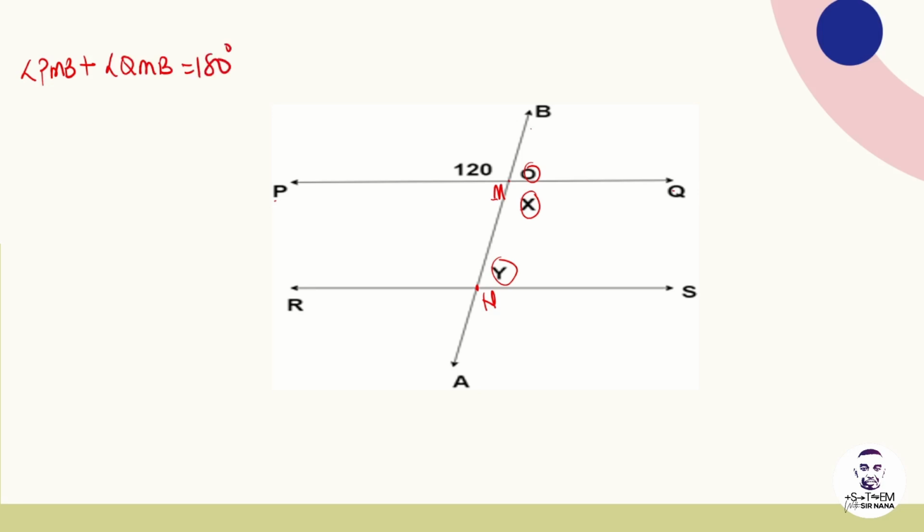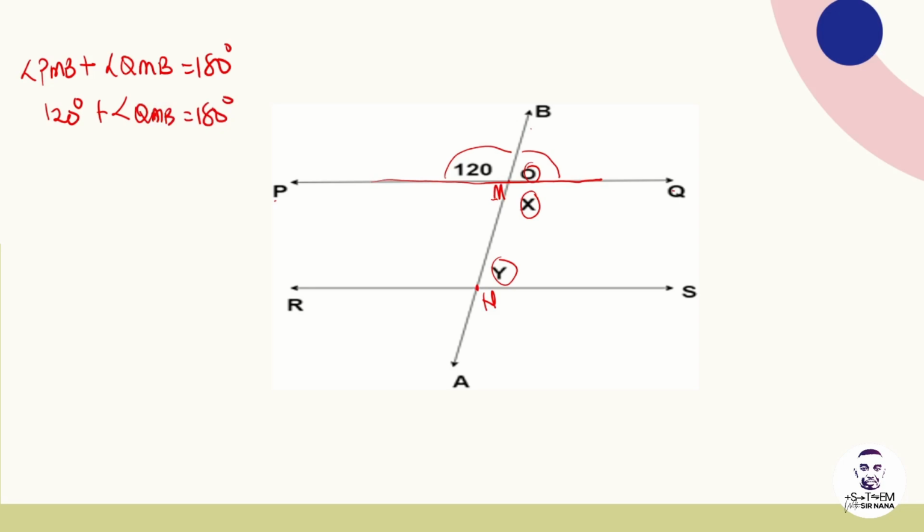When we look at this carefully, we see that the 120 degrees here and the angle here are on a straight line, and we know that angles on a straight line add up to 180 degrees. So we can substitute PMB with 120 degrees: 120 degrees plus angle QMB is equal to 180 degrees.